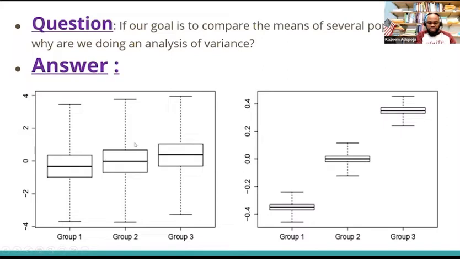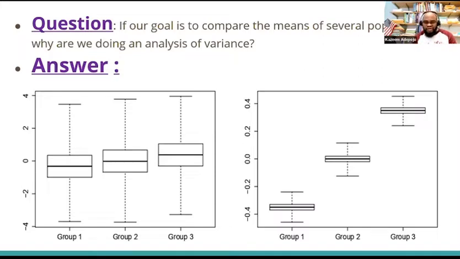So even though a difference exists here, it's not very pronounced. But when you take a look at this one here, oh my God, there's a huge difference between the groups. Take a look at that. A huge difference.